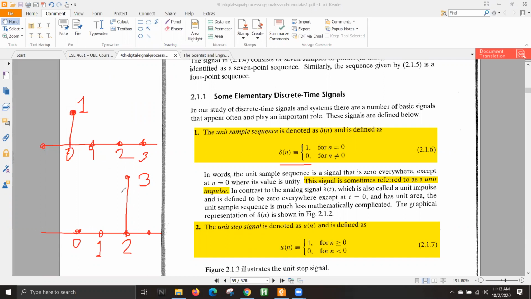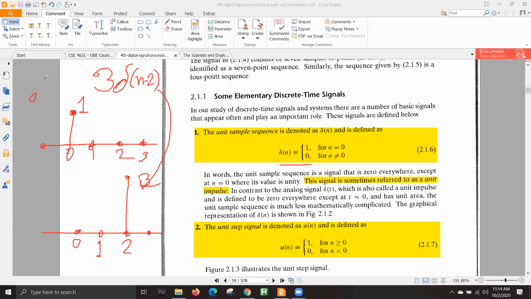So this particular signal can be represented as 3 times delta n minus 2. I will explain later on how I actually got this representation, how I am writing this signal as a scaled, that means 3 times delta n minus 2, version.